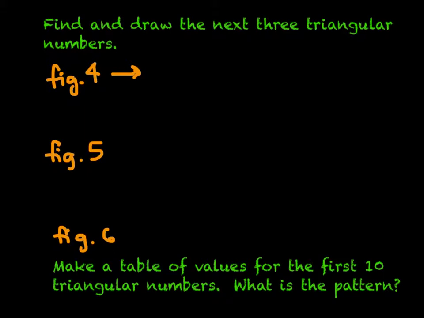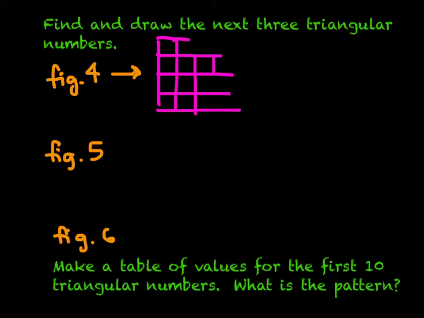So my figure number 4 is going to be 1, 2, 3, 4 steps tall, and 1, 2, 3, 4 steps across. And now I need to erase a little bit of extra so that I'm only showing the steps I need to show. So that's my figure number 4.